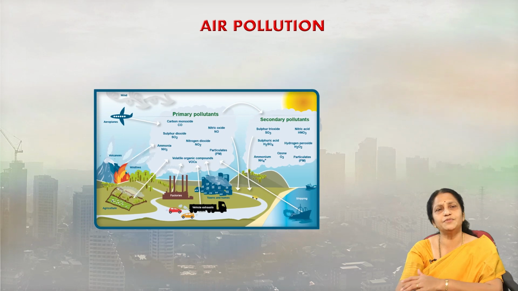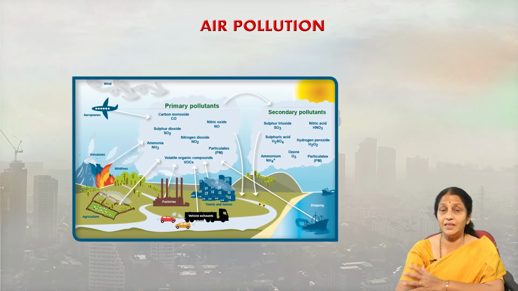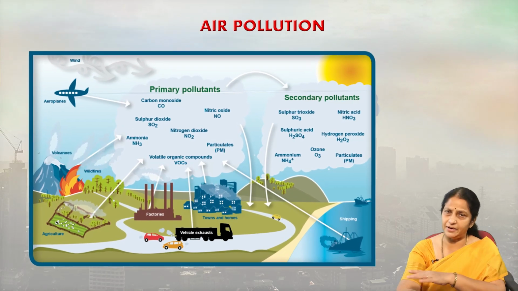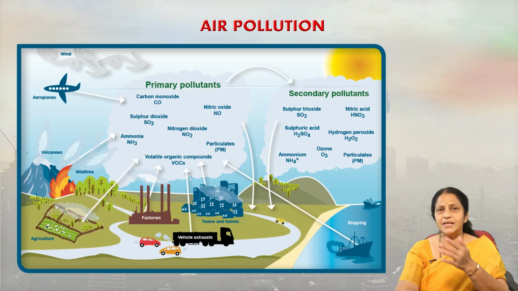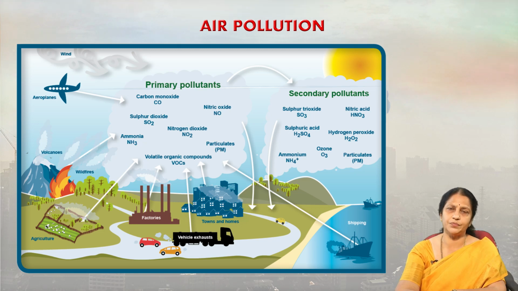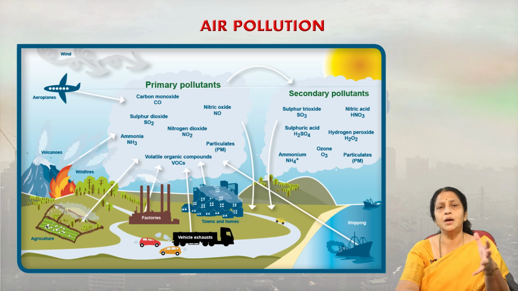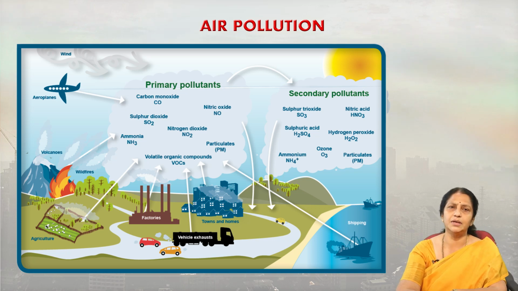There are two ways to categorize air pollutants. The first is primary air pollutants and secondary air pollutants, and the second is natural and anthropogenic pollutants. Primary air pollutants are pollutants which are released directly into the atmosphere from a particular source of pollution.